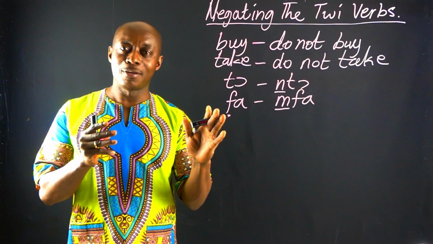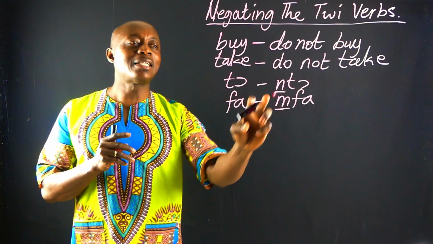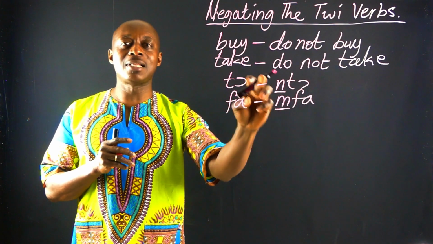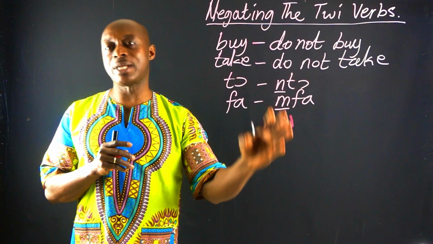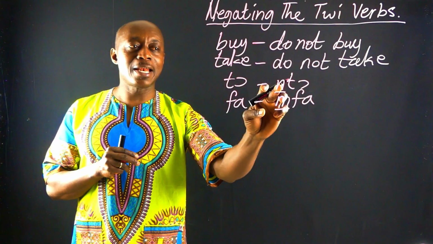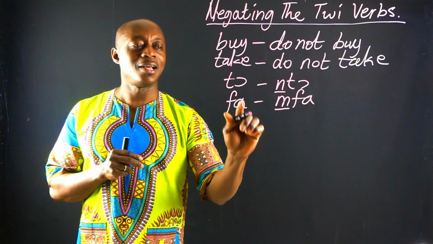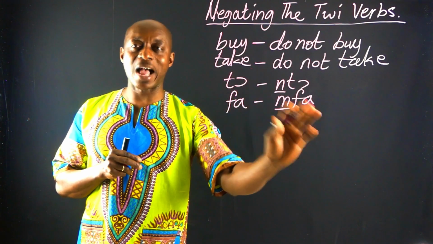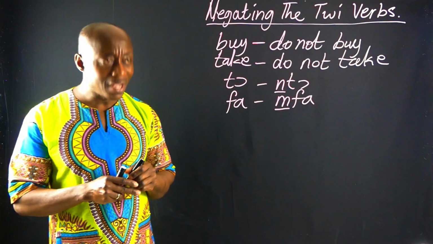But bear in mind, these are the only consonants that you have to prefix a verb with in order for it to become negative. N or M. That is a basic fact. Good.